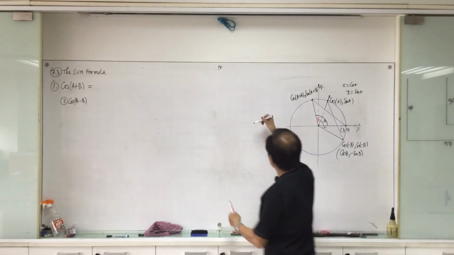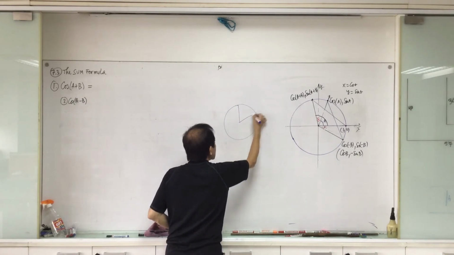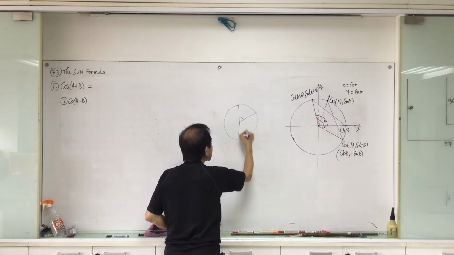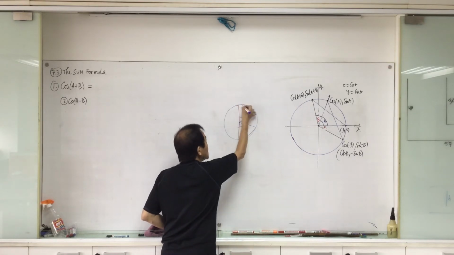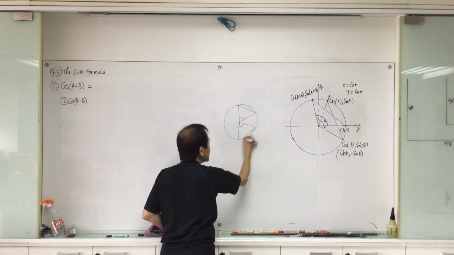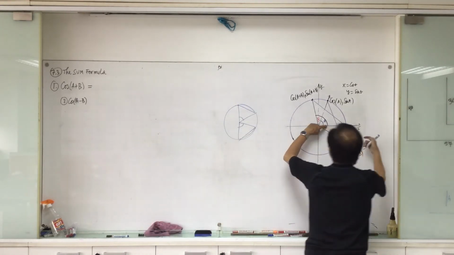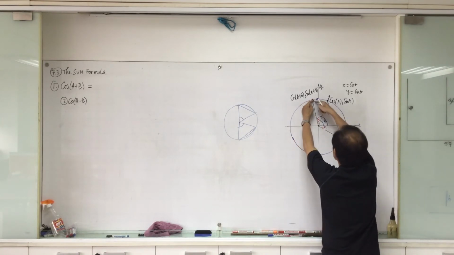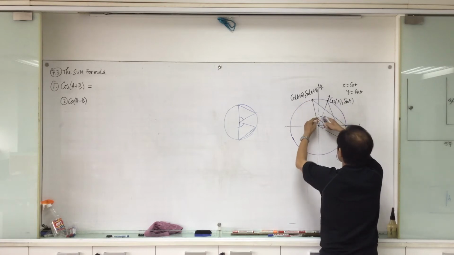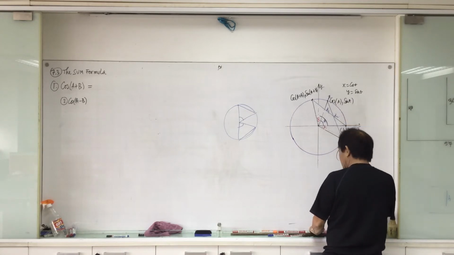Because we can review the geometry: if two angles are equal, the arcs are also congruent and the line segments here are also congruent. So from here to here equals from here to here. Therefore this chord equals that chord. Let me name this one D1 and the line here D2. So we know D1 equals D2, right?